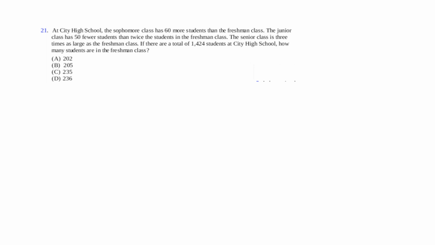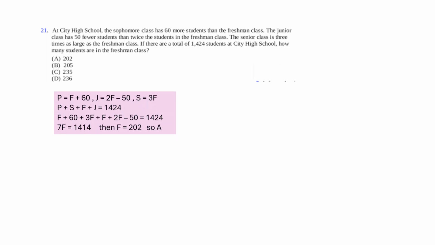The senior class is 3 times as large as the freshman class. If there are a total of 1,424 students in the city high school, how many students are in the freshman class?